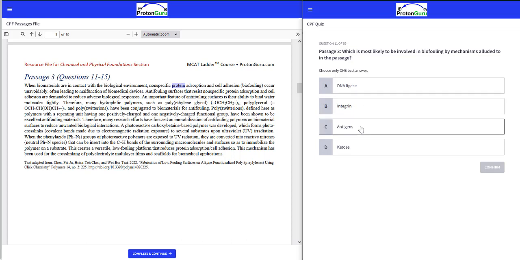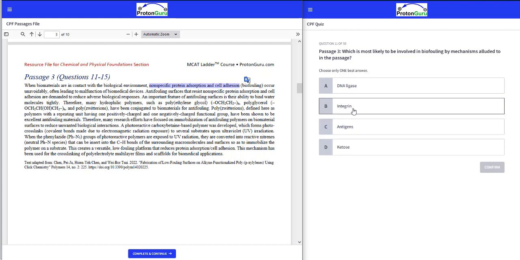So what would be the best answer? Well, the best answer would be one that is capable of non-specific protein adsorption and cell adhesion. Enzymes and antigens are proteins that tend not to have very non-specific interactions with other biomolecules. Antigens and enzymes like DNA ligase have very specific binding events, so they're probably not great answers.